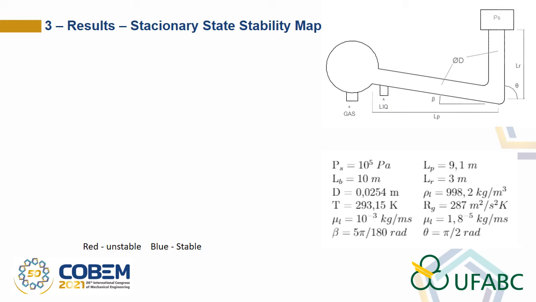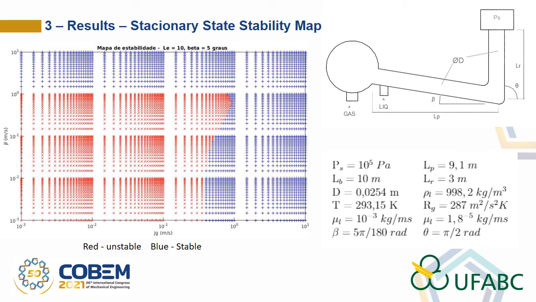We show the stability map for the pipeline riser system used in the Vercadin experiment. The system parameter values are given in the table. On the horizontal axis, there is the gas superficial velocity at the pipeline entrance, and on the vertical axis, there is the liquid superficial velocity at the pipeline entrance.